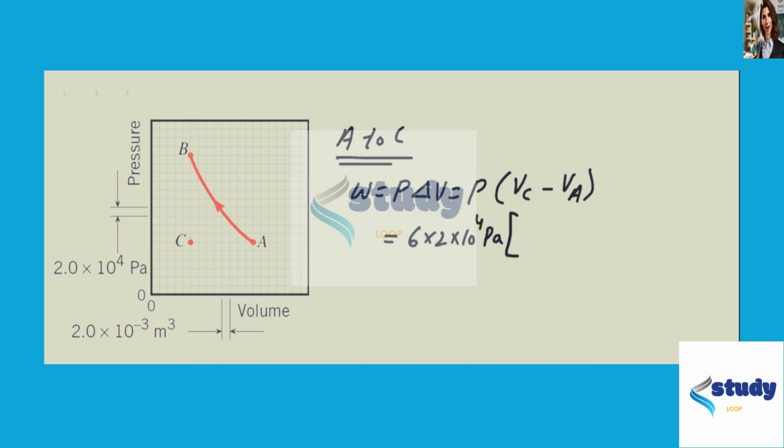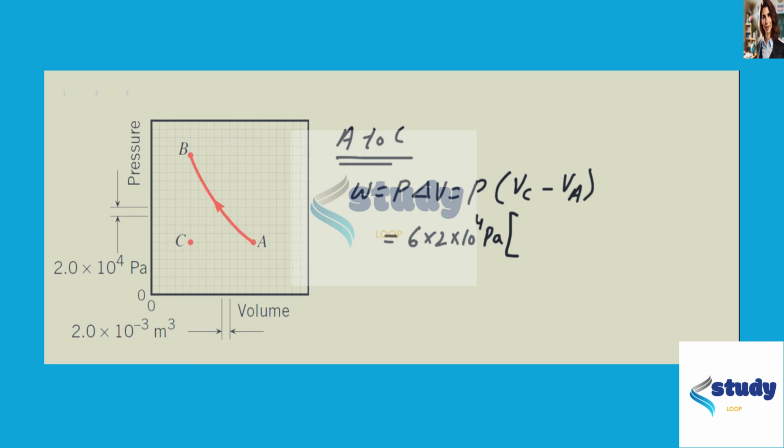Here on volume axis, side length of each square is 2 times 10 to the power minus 3 cubic meter, and there are 1, 2, 3, 4, 5 squares.